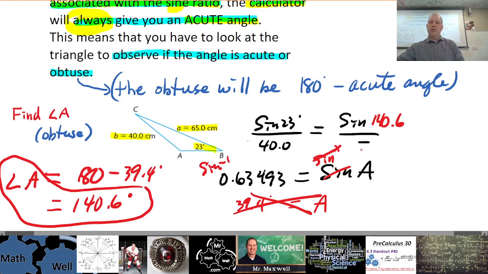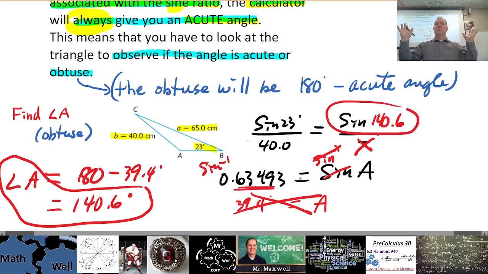If this was the question, this was x, I could solve for x, and sine of 140.6 just gives me this value right here. It's like, no problem. You don't have to change anything around. You'll get the right length. So you don't have to do anything with the length. You just have to do 180 minus the angle, okay? All right? Okay, hopefully you got that.